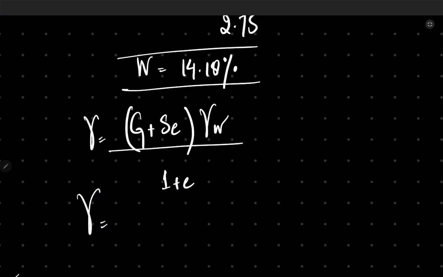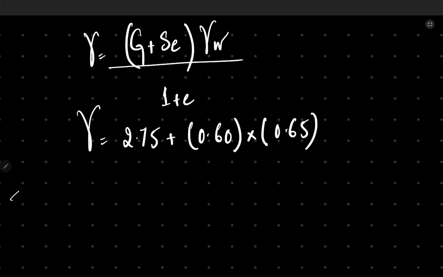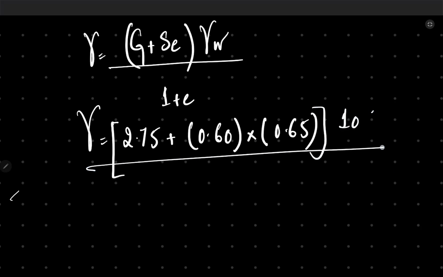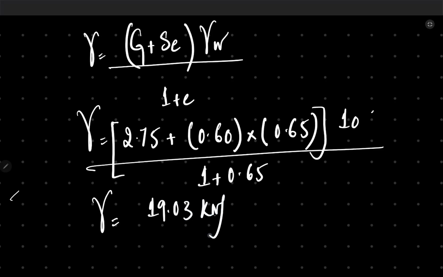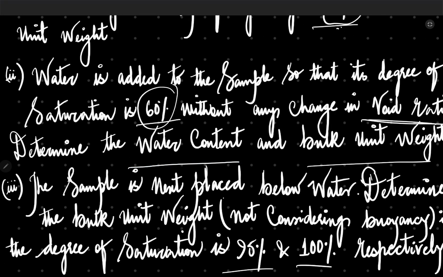So bulk unit weight, G 2.75, S degree of saturation 0.60, 60%, void ratio 0.65, unit weight of water 10, divided by 1 plus e, 1 plus 0.65. So bulk unit weight becomes 19.03 kilonewton per cubic meter. All right, so part second of the question is completed. We have calculated the water content and the bulk unit weight.